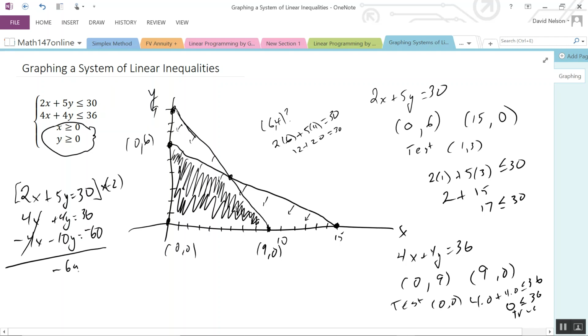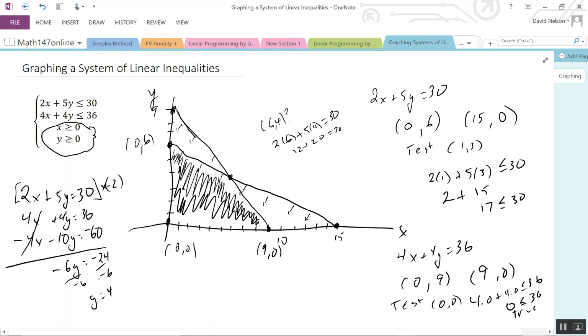I'll get -6y equals -24. Is that right? Yeah, that's right. And then divide both sides by -6, so y does equal 4. I got the y coordinate right, but I didn't get the x coordinate right.